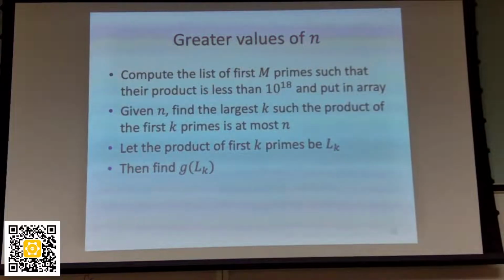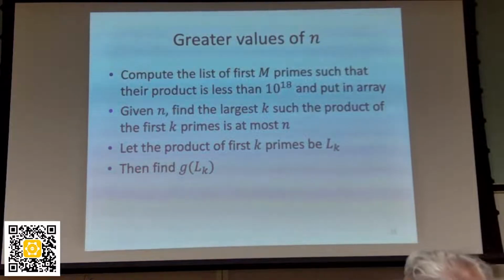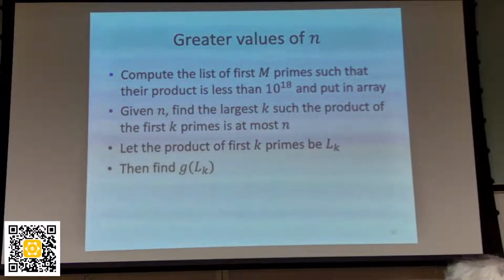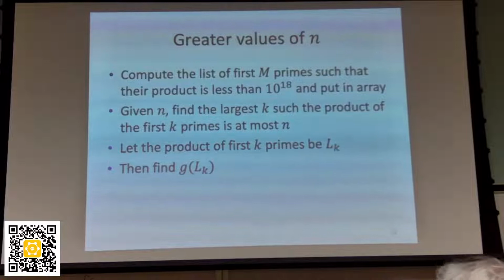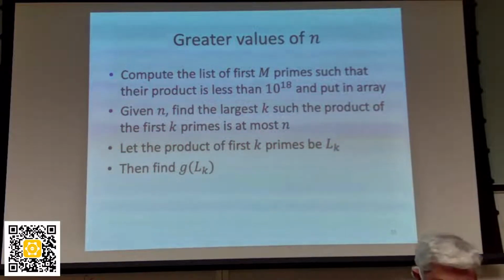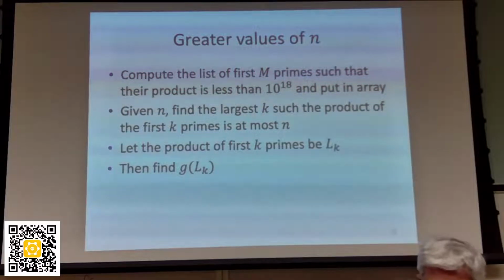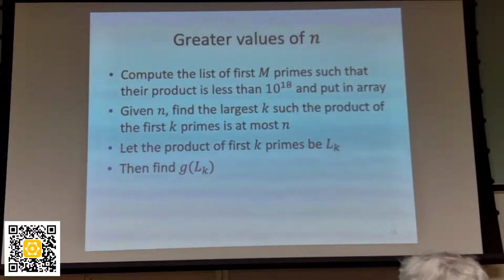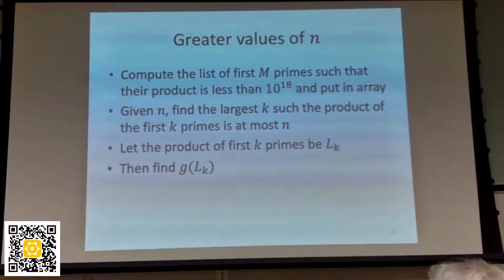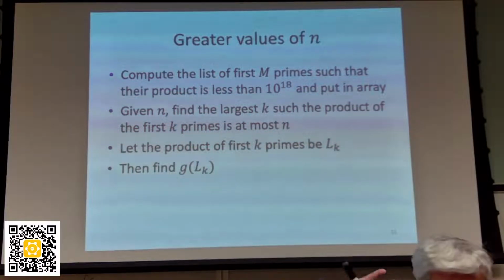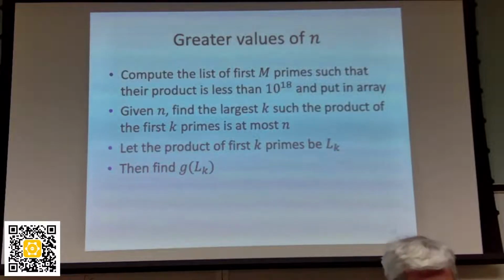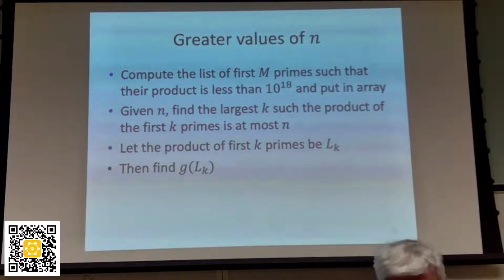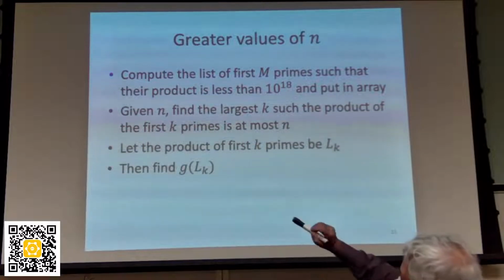Here's the algorithm, if you want. It says, first thing you have to do is to compute the prime numbers. If you don't know the prime numbers, well, you have to figure this out. There are several algorithms. They're in any textbook. You can go code this up. So you generate the list of primes, put them in an array, and then start with the smallest primes, keep multiplying them until it crosses n.